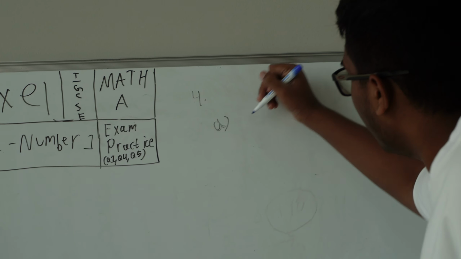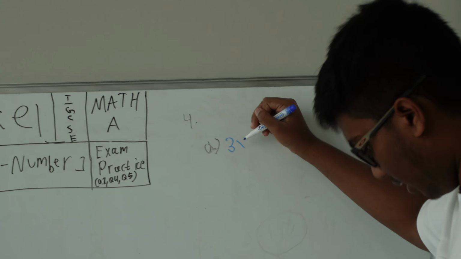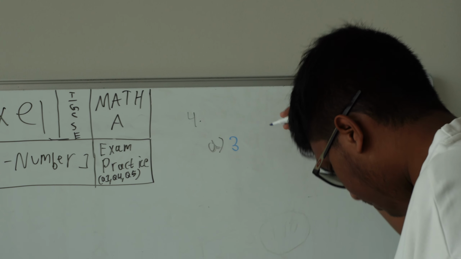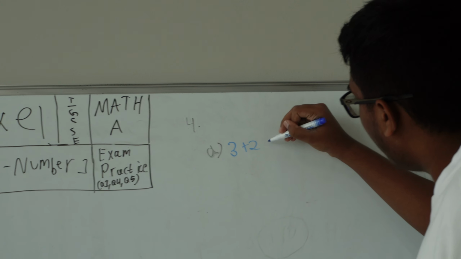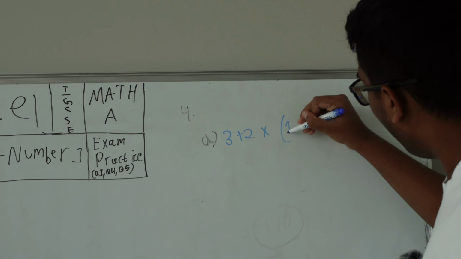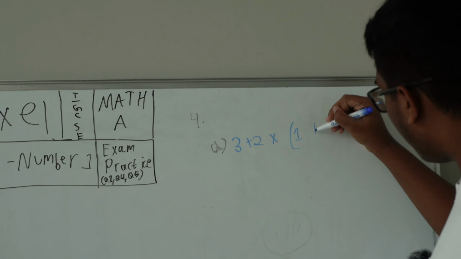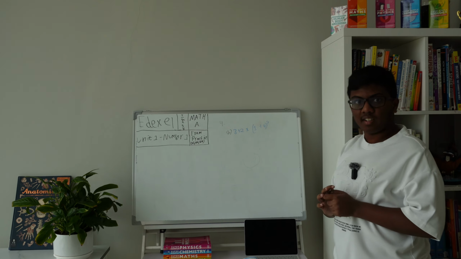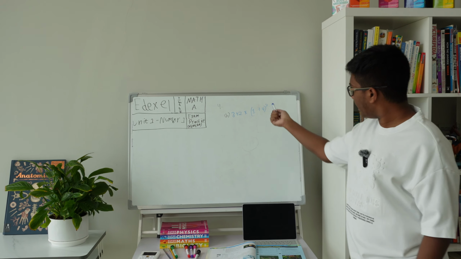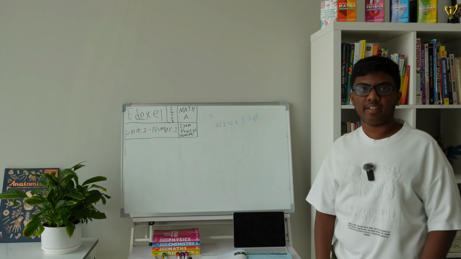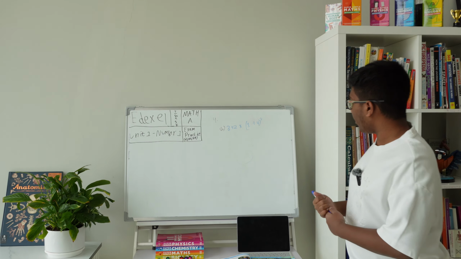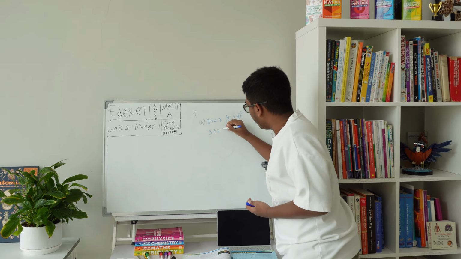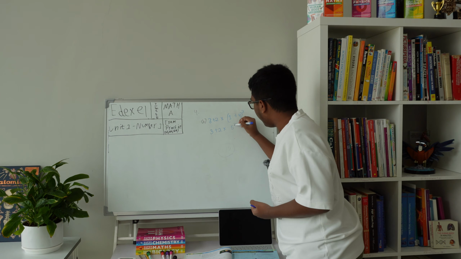So 3 plus 2 times 1 plus 4 the whole squared. So in this case, we will override the exponent and do the bracket first. So 1 plus 4 is 5. So 3 plus 2 times 5 squared.